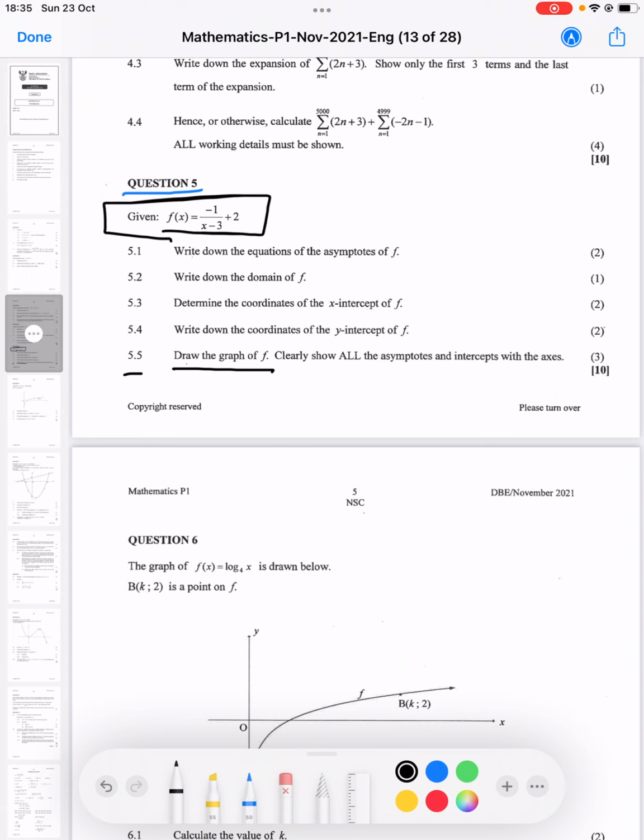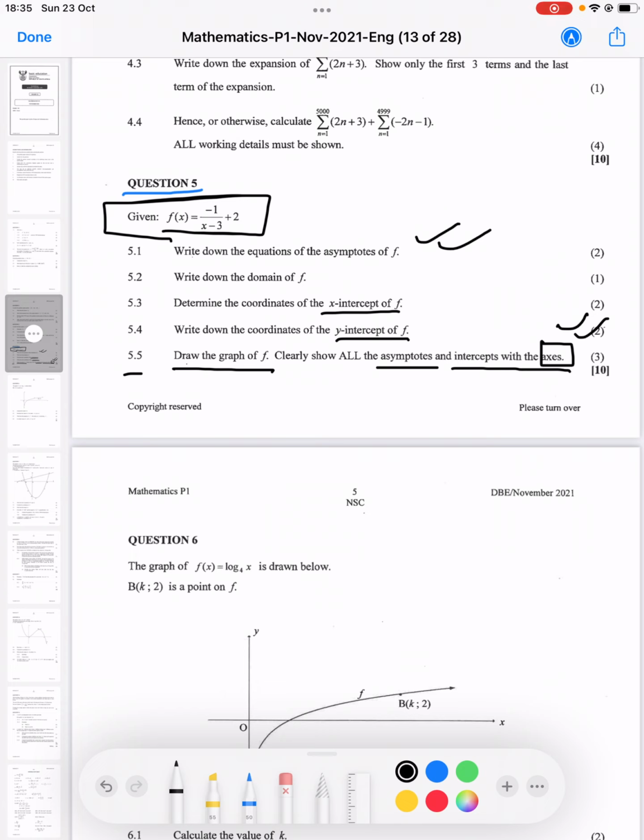Most importantly, clearly show all the asymptotes, and this is where you got your two asymptotes, and the intercepts with the axes. This is in plural, so that means they want you to show the x-intercept and the y-intercept that you got.